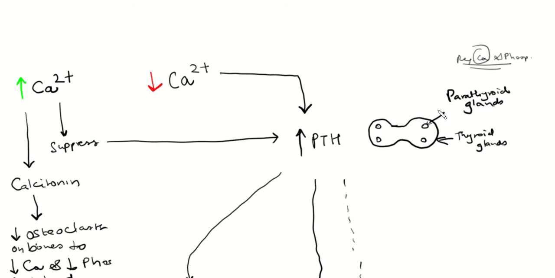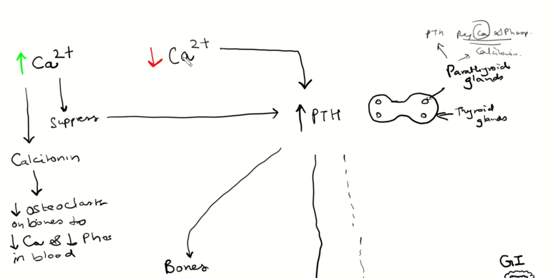okay? These glands secrete two hormones. The big one is parathyroid hormone. The little one is calcitonin. And so what happens? If you have low calcium, that increases the production of parathyroid hormone. See the red arrow?